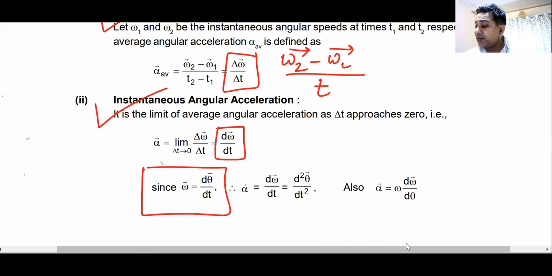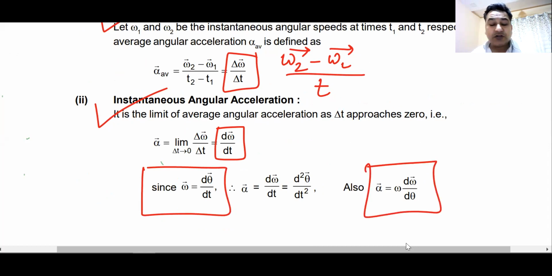You can write d omega by dt as omega into d omega by d theta. This is the same as writing acceleration as v into dv by dr. Do we remember this? It's an analog of what we have done in 1D motion and 2D motion. Can I have some reason that we understand this so that I can move forward?